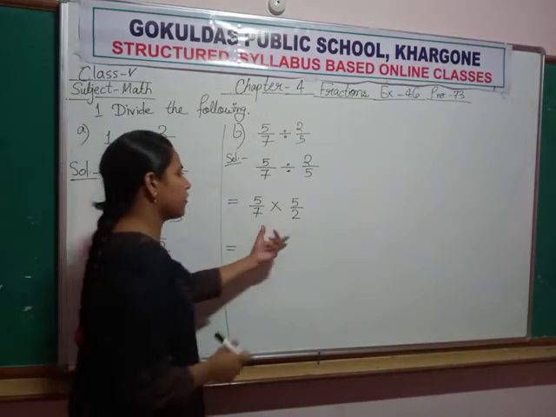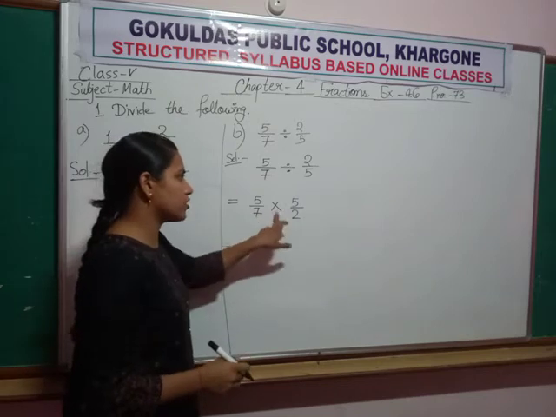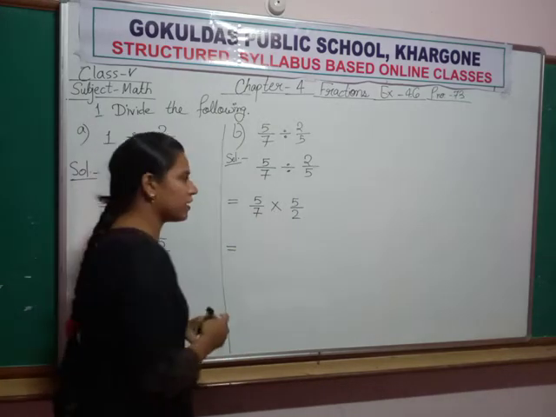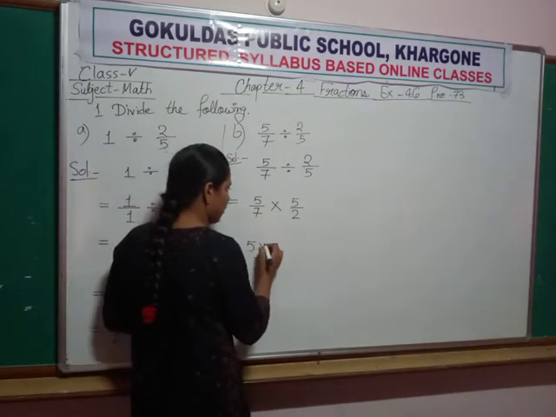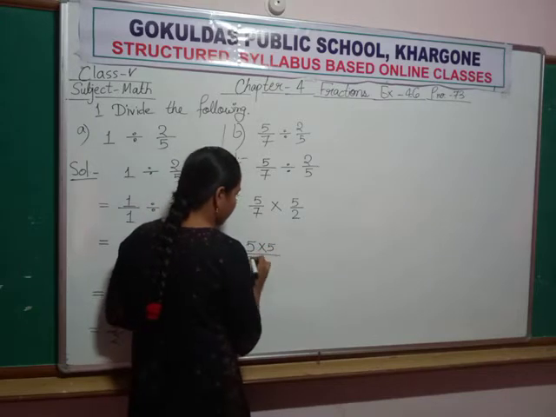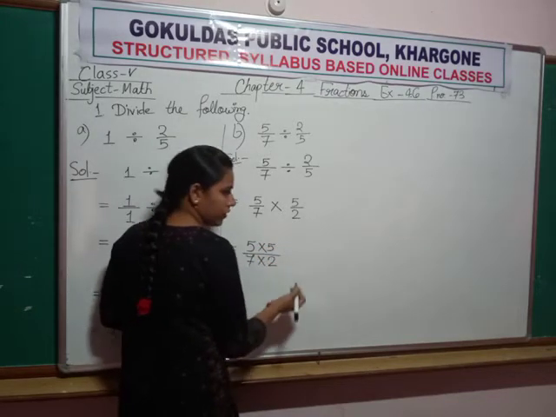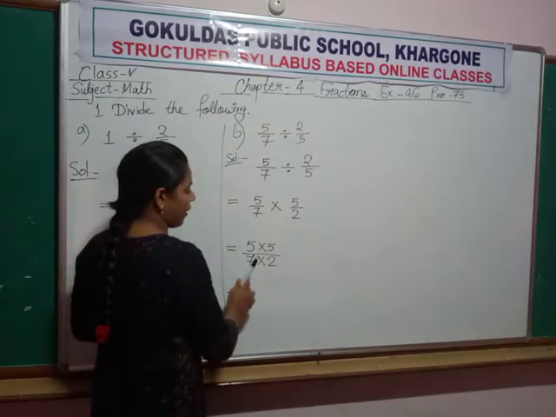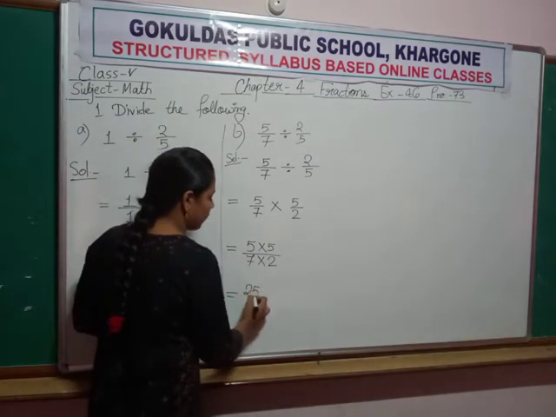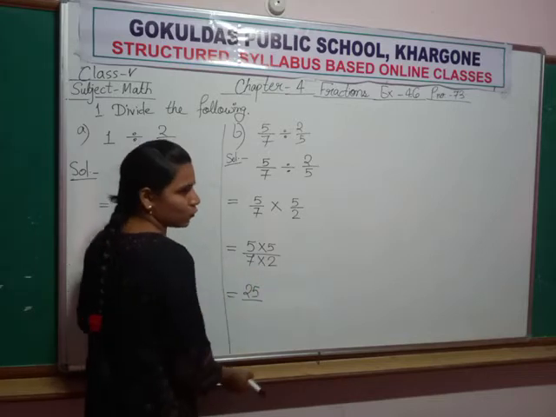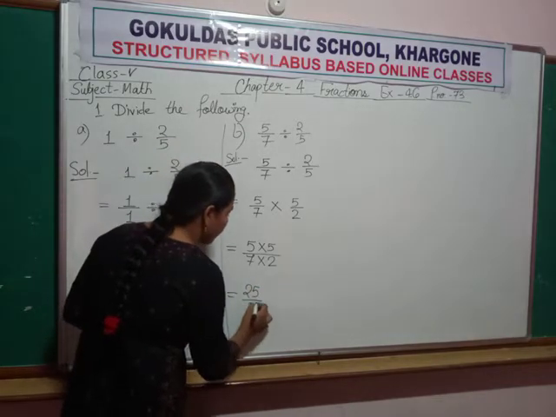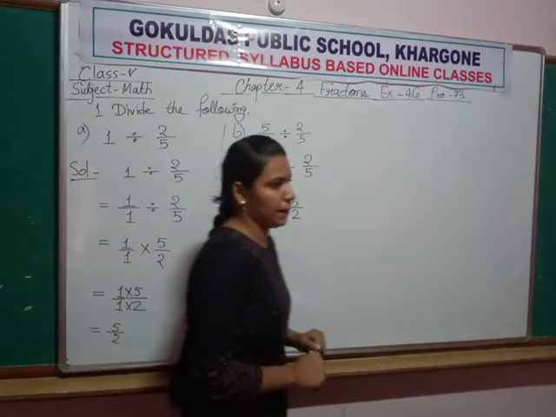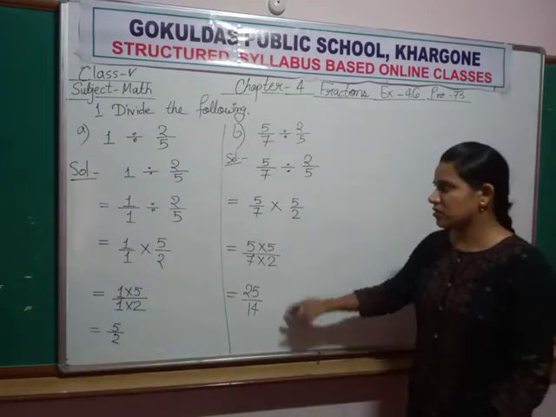Now in this step we observe that we have two fractions to multiply, and we know how to multiply two fractions: numerator with numerator upon denominator multiplied with denominator. Now the next step, 5 into 5, 5 fives are 25, upon 7 into 2, 7 into 2 is 14. So this is your answer.